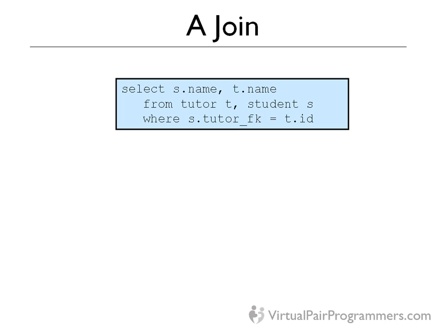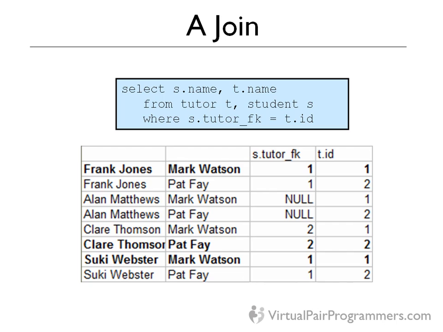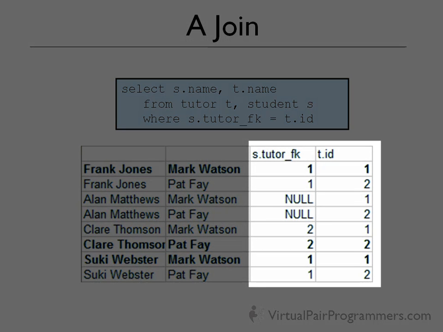If you're interested in the mechanics of what's supposed to be going on under the hood, the database creates a list of rows with all the possible pairings of students and tutors. So we have rows for Frank Jones paired up with every single tutor, Alan Matthews paired up with every single tutor, and so on. Then in the columns here, these are the values that we're checking in the where clause.